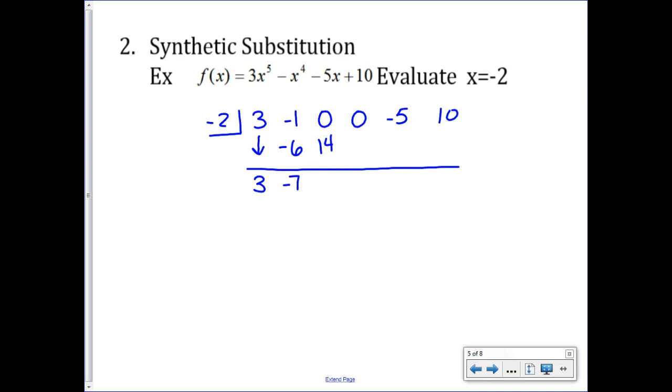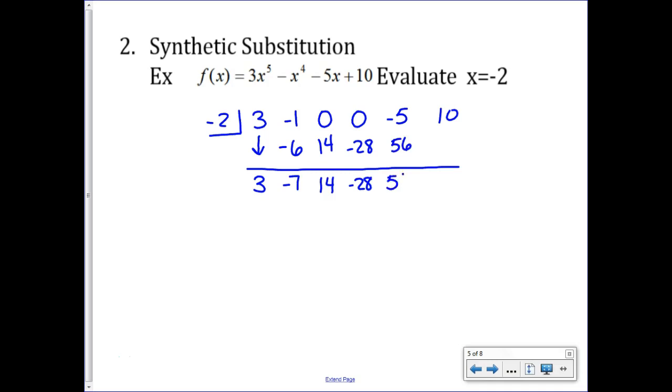14 plus 0 gives me 14. Then I'm going to multiply by negative 2 again. So I get a negative 28. 0 plus negative 28 is negative 28. Negative 28 times negative 2 is a positive 56. And then I have negative 5 plus 56.